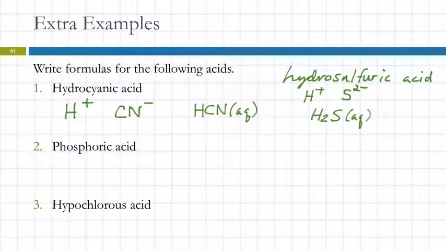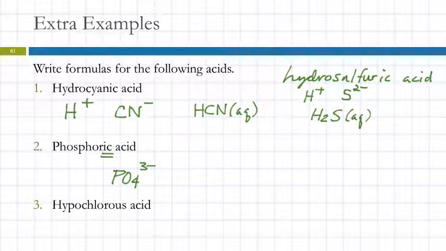Okay? How about this one, phosphoric acid? Is that an oxyacid or the other kind? Oxyacid, because it doesn't start with hydro. So phosphoric comes from which ending? Ate. So this comes from phosphate. So we need the formula for phosphate, PO4, 3 minus.